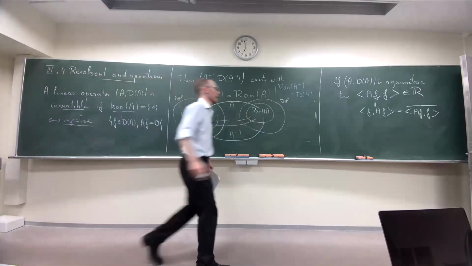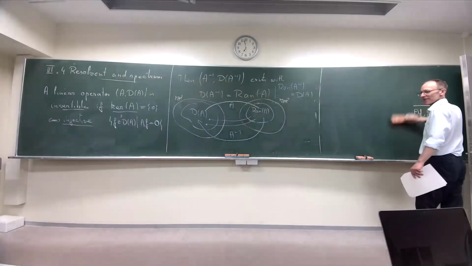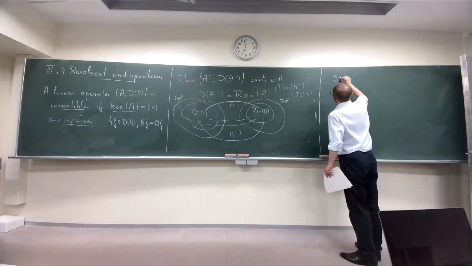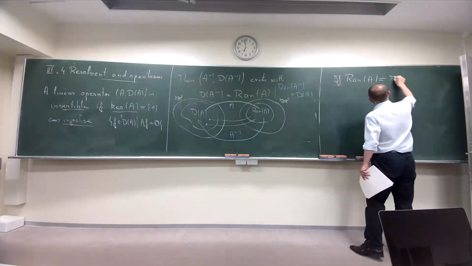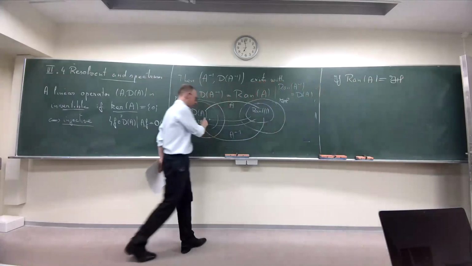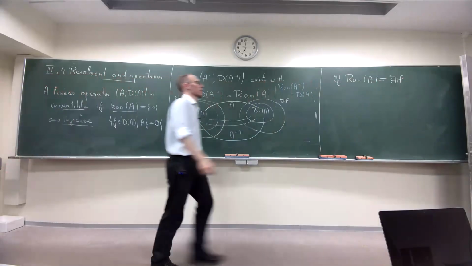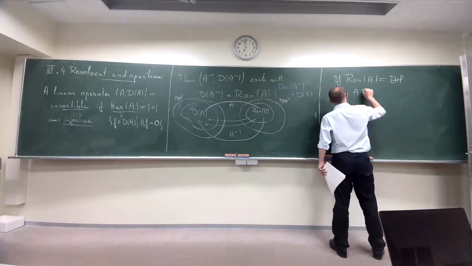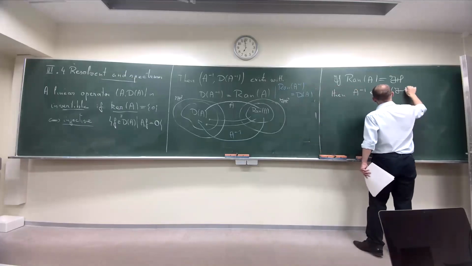But it turns out that if the range of A is the entire Hilbert space, so it means the inverse is going to be defined everywhere, then the inverse is bounded. This is not straightforward, but then A minus 1 is in B of H.